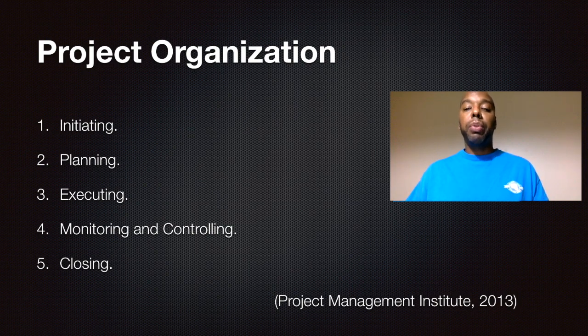Initiating primarily deals with starting the project and aligning the stakeholders' project with the deliverables of the project. The planning phase focuses more on finalizing the scope and the objectives and creating a plan to reach those objectives.